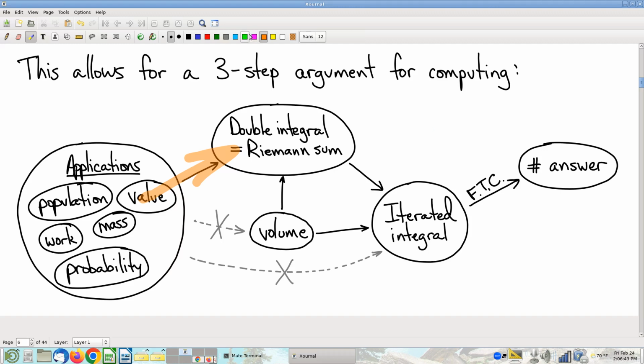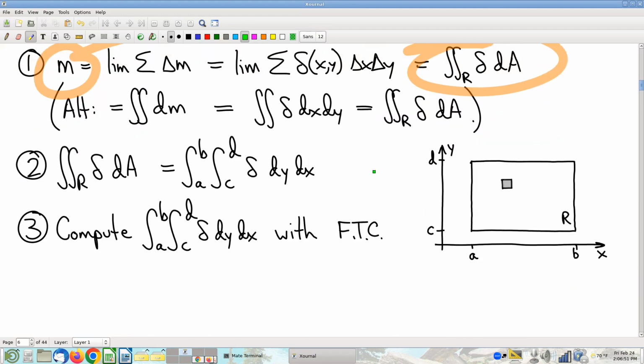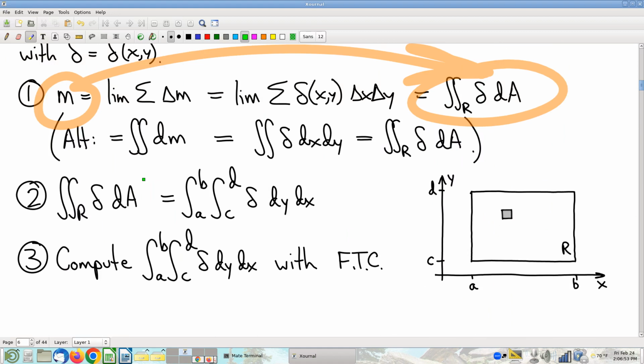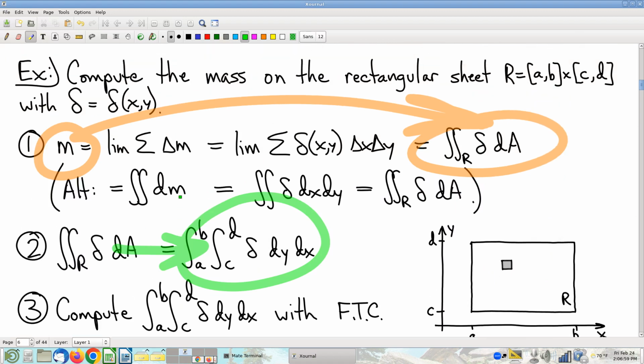Step 2. We're going to turn our double integral into an iterated integral. Well, that's not that much to write down there, but turning a double integral into an iterated integral, well, here's the iterated integral. I already know what my bounds are.